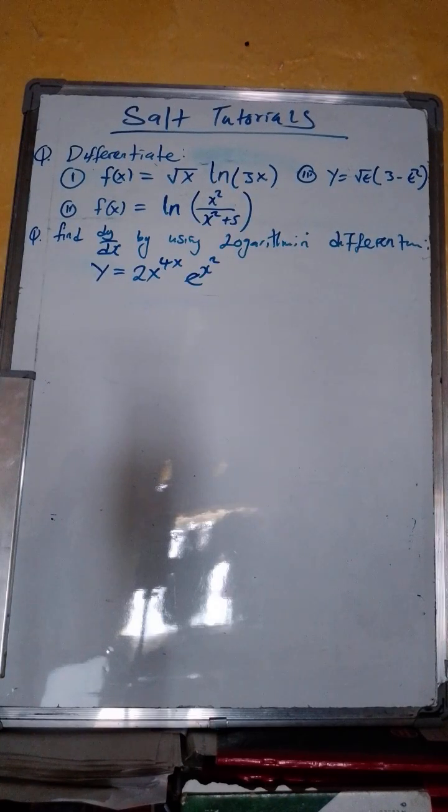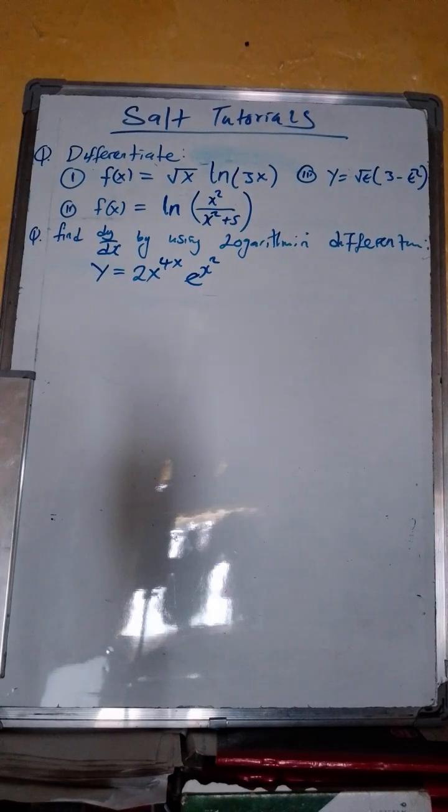The first one says differentiate the following functions. And for the second one, we're going to use logarithmic differentiation. I want us to pay particular attention to how we differentiate each and every function there. When it comes to differentiation, always be able to recall the properties and rules, and identify them.